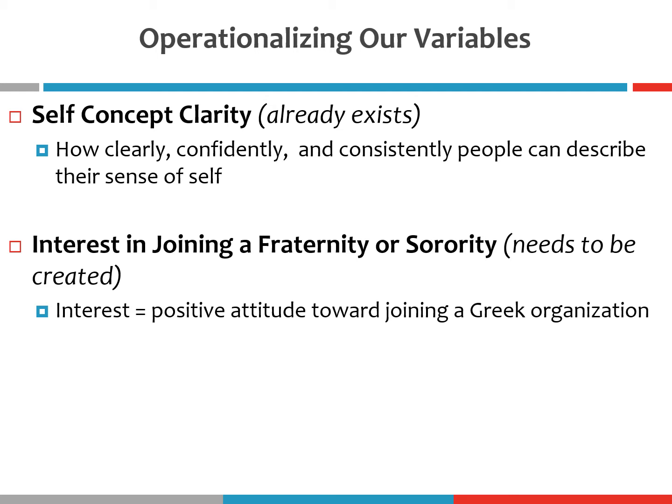Right? So when we talk about self-concept clarity, which is already a construct that psychological researchers have investigated and defined for us, we're talking about how clearly, confidently, and consistently people can describe their sense of self. Right?